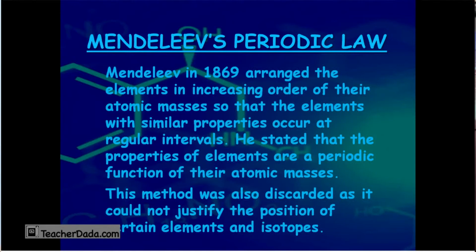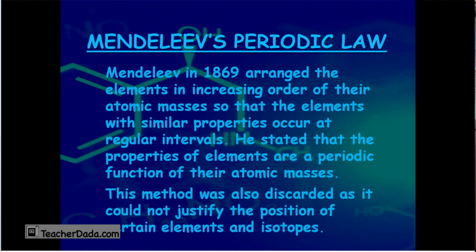So, his predictions were very correct. In 1869, Mendeleev arranged the elements in increasing order of their atomic masses so that the elements with similar properties occur at regular intervals. He said that the properties of elements are a periodic function of their atomic masses.